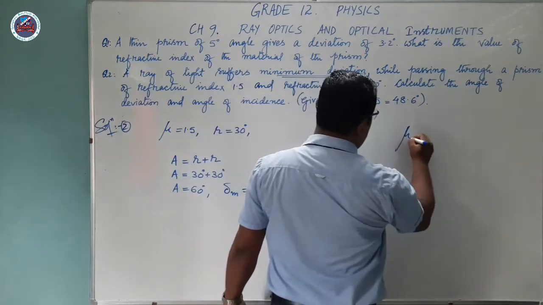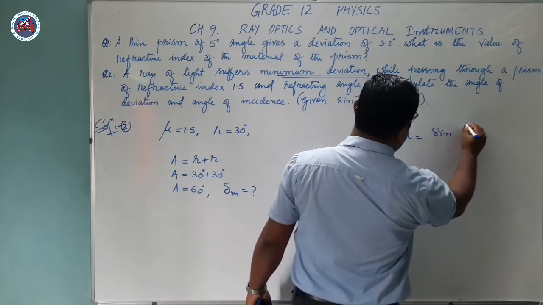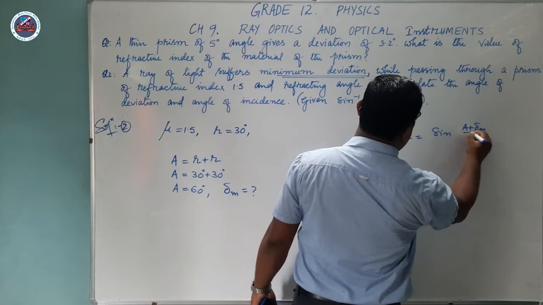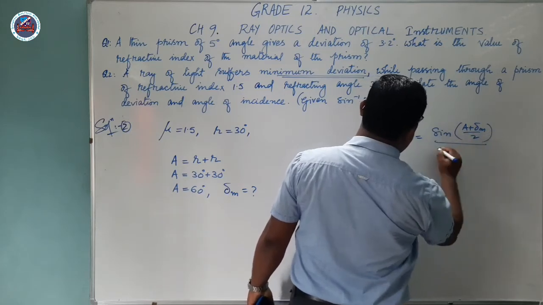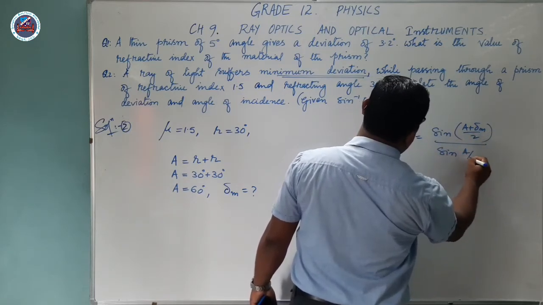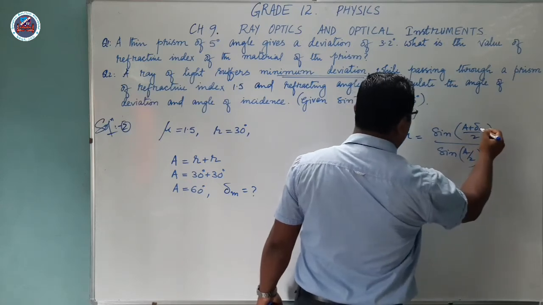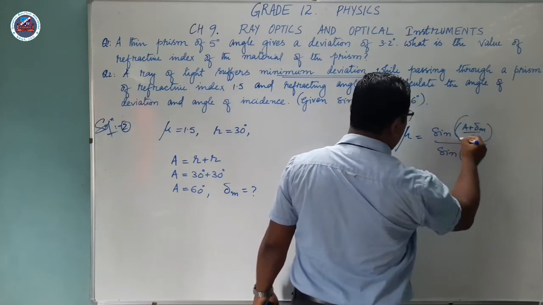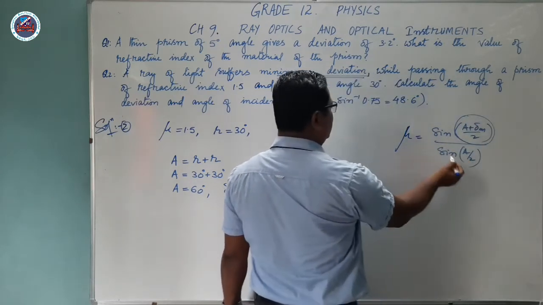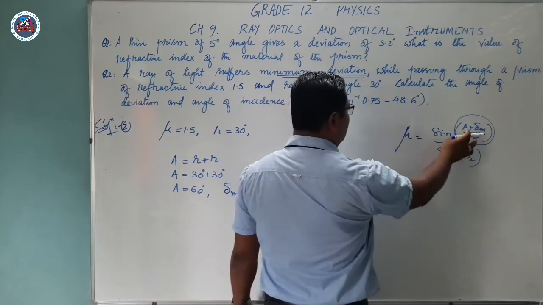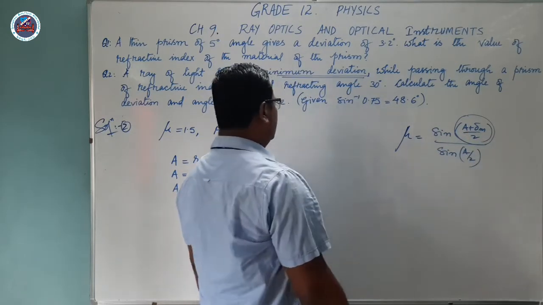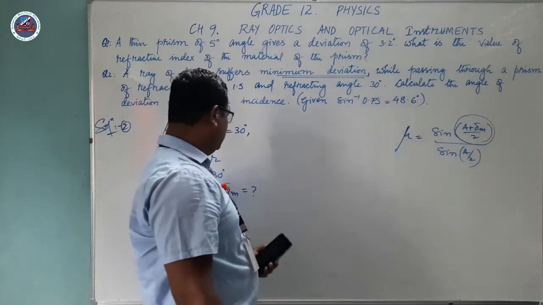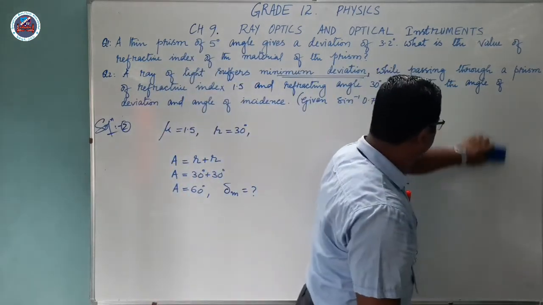Your relation is mu is equal to sin (A plus del m) by 2 divided by sin A by 2. Because this relation we got through sin I and sin R, this I value is (A plus del m) by 2. Using that relation we can find out the angle of incidence.